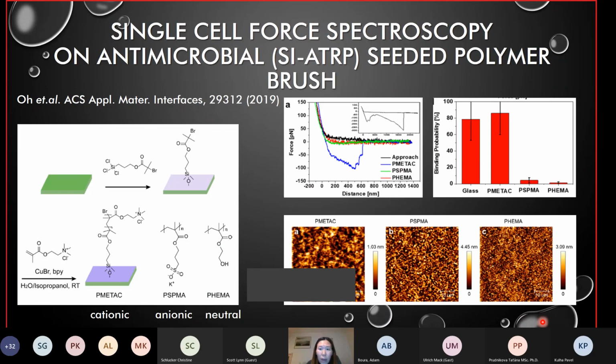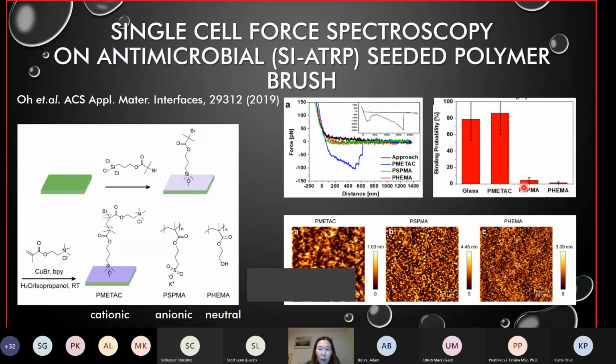And we can also apply this to different antimicrobial polymer brush surfaces, like cationic, anionic and neutral surfaces. As E. coli is negatively charged, when they interact with differently charged surfaces, they show completely different binding behavior. So with glass or the cationic surface, they bind well.